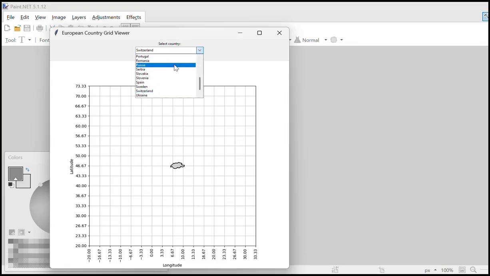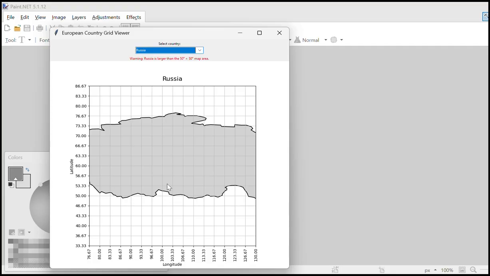So look for something else. If a country is massive, it's out of scope of my work. I'm just really looking for a sort of 5 by 4, like France, or smaller.